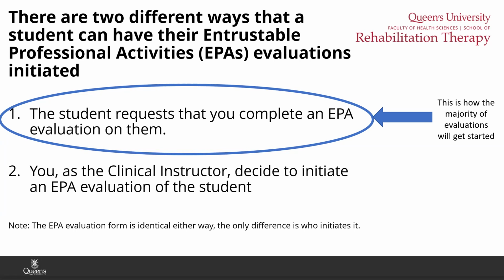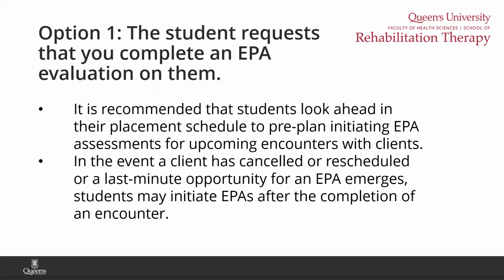We do have adult learners in our program, and we want to make sure that we're treating them that way and really giving them the accountability for their own evaluations during clinical placement. That being said, there is an opportunity for you as a clinical instructor to decide to initiate an EPA evaluation yourself, and I'll show you both ways to do that.